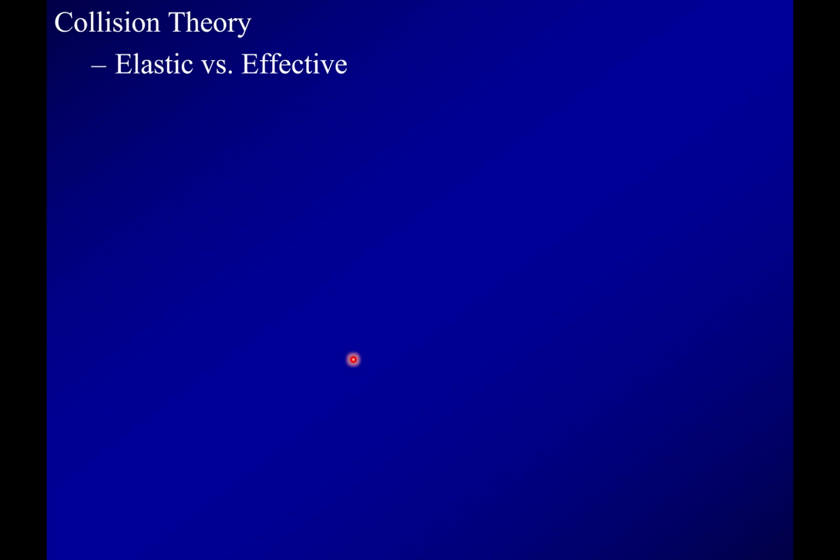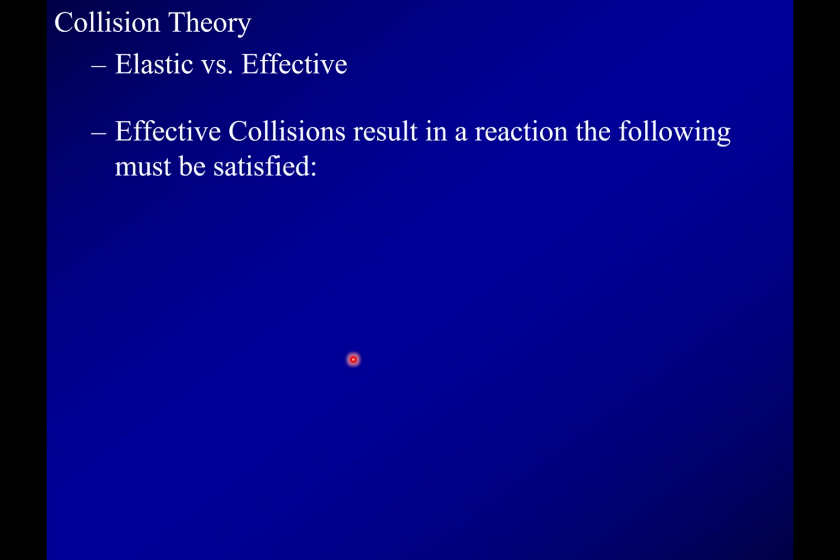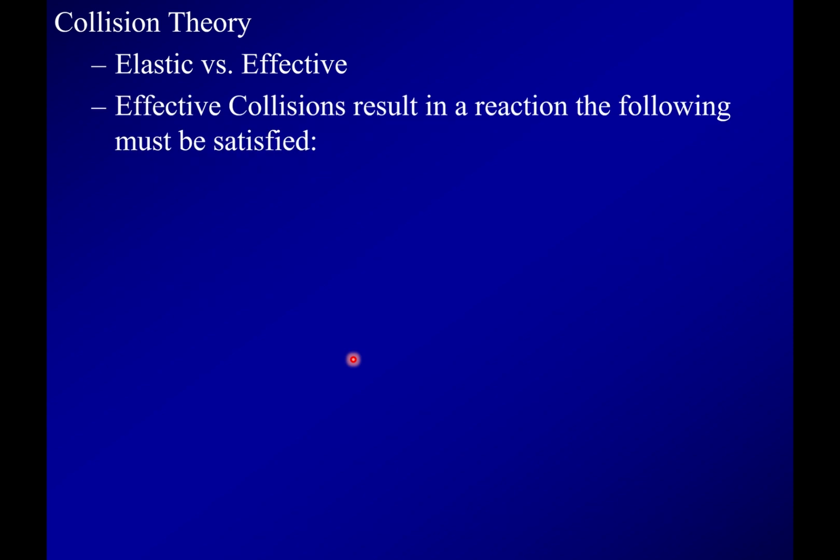An elastic collision is when the two molecules collide and just bounce right off one another. That's not going to produce a chemical reaction. So we want an effective collision, and there are two requirements. First, there has to be enough energy when they hit to break bonds.